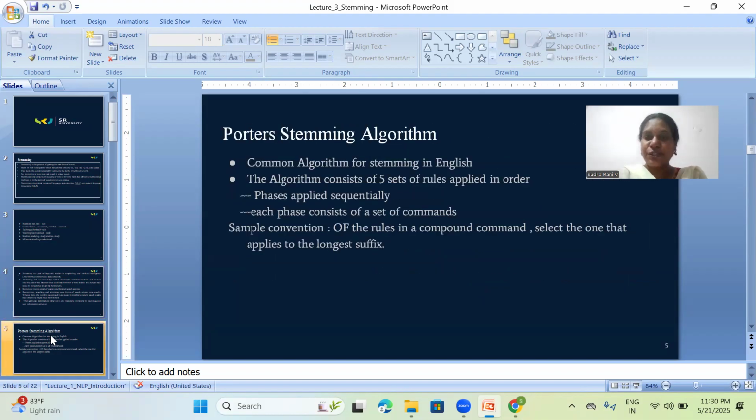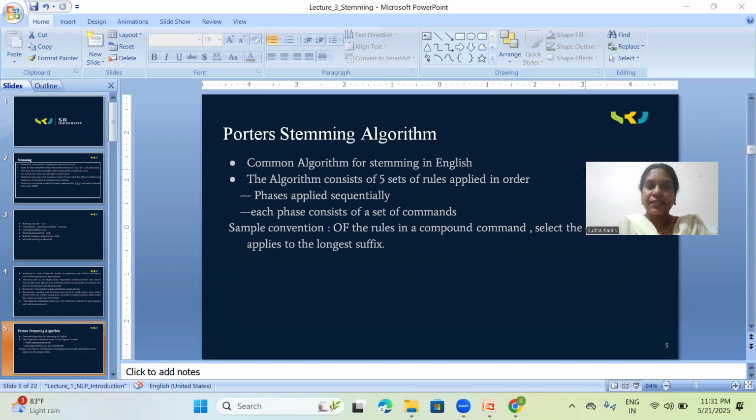So we've seen the definition of stemming. Now let us see the types of stemming. Porter's stemming algorithm is the common algorithm for stemming in English. So Porter is the generalized or common stemming algorithm.